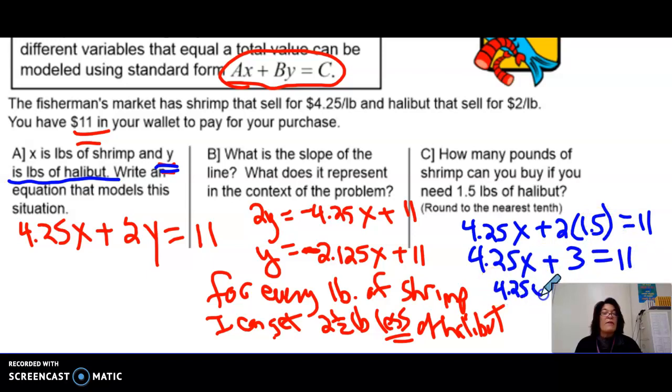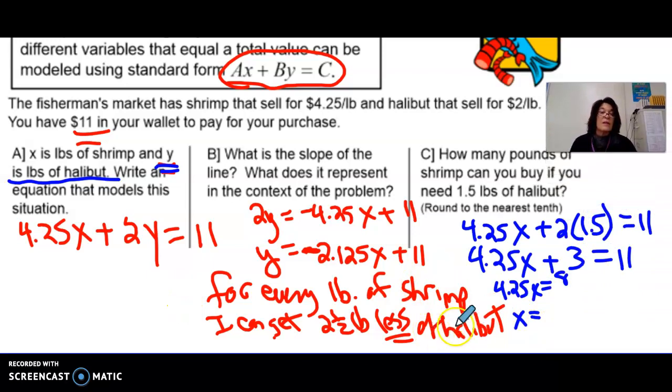I have 4.25x equals 8. Divide 8 by 4.25, and you get 1.88. I'm going to change that to a fraction, 32 over 17.